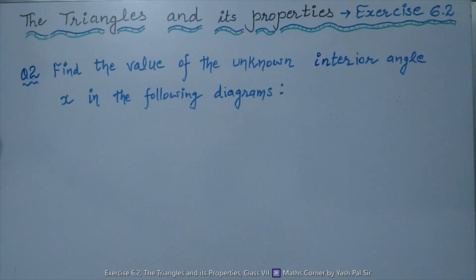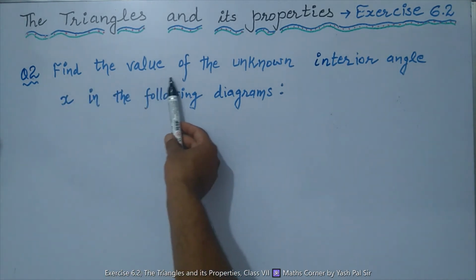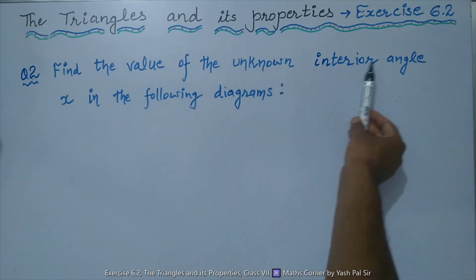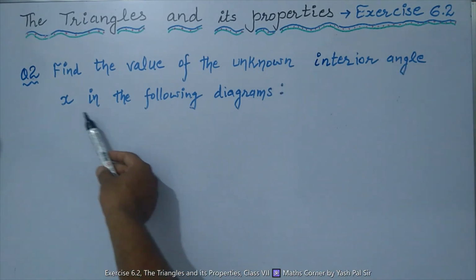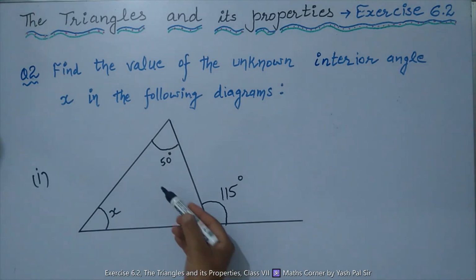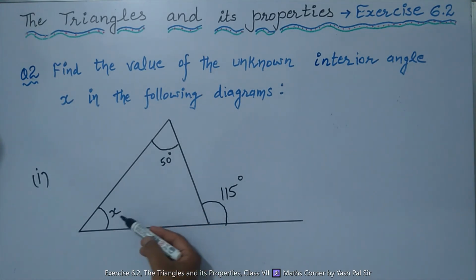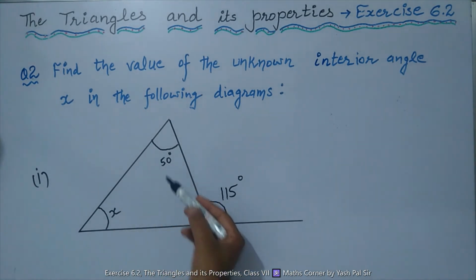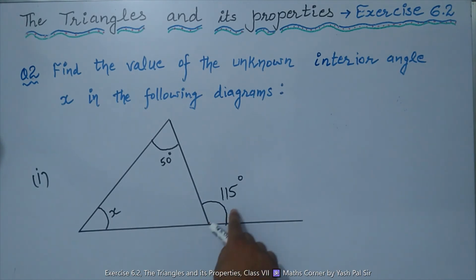Now we shall discuss our question number 2. Find the value of the unknown interior angle x in the following diagrams. So here we have the first part. Opposite interior angles are x and 50 degrees and the exterior angle is 115 degrees.